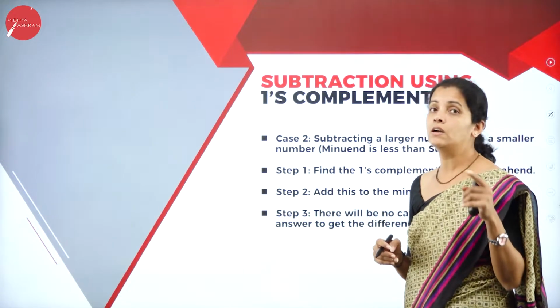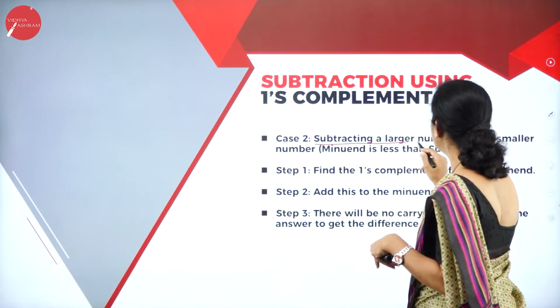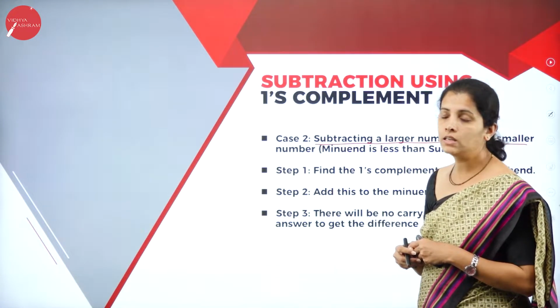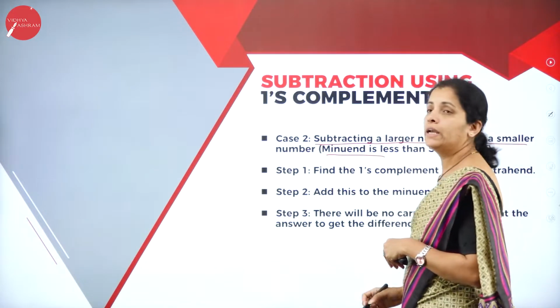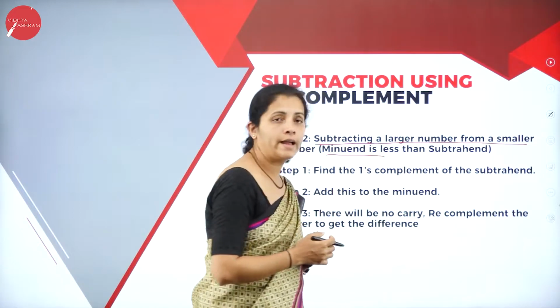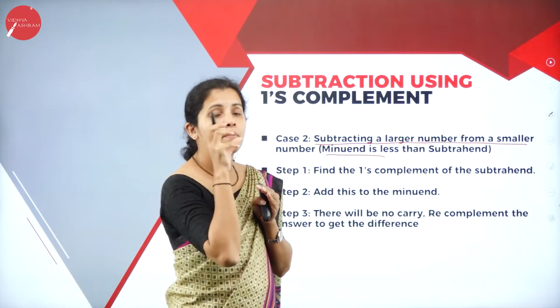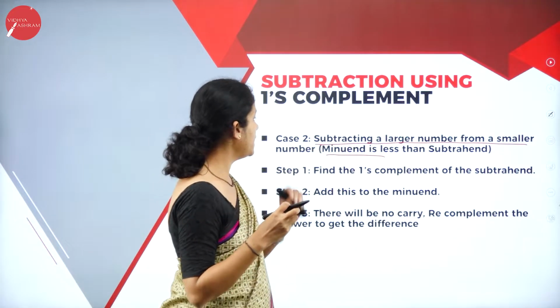There we discussed. But in my second case, subtracting a larger number from smaller number. That means minuend is less than the subtrahend. Whatever the minuend I'm having, the minuend value is lesser than the subtrahend.